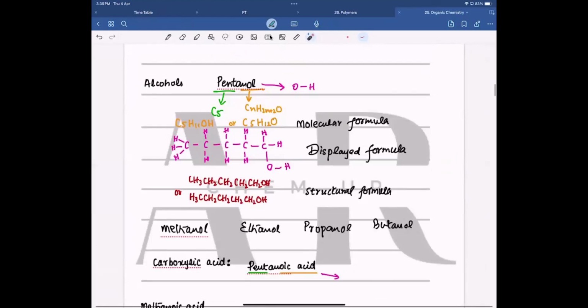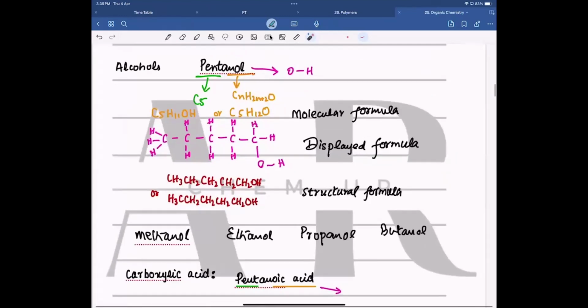Khatija and Saad, you guys can WhatsApp me. I'll check yours. Let me check the ones who are here.